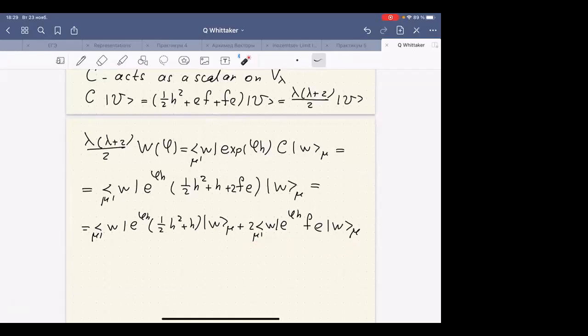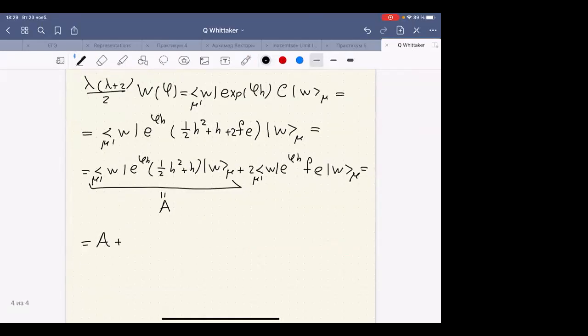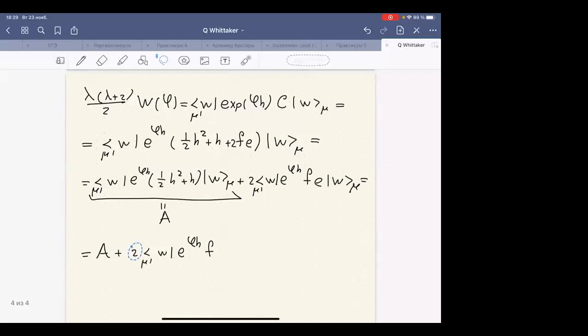Firstly, we can see that E acts on the Whittaker vector, and this gives us mu. Let me say that this expression equals something like A. So A plus 2 dual Whittaker vector H F and mu.